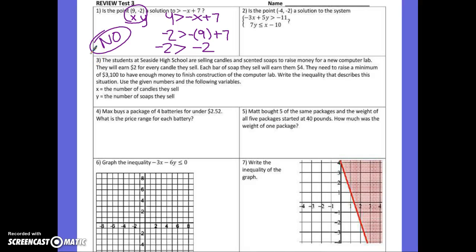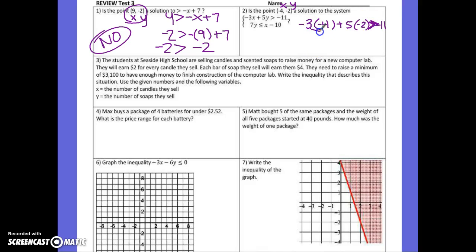Is the point (-4, -2) a solution to the system? Same thing, only we're going to plug in the x and y into both of them and make sure it works on both. So we got -3 with a -4 plus 5 and -2 greater than -11. That's a greater than right there.